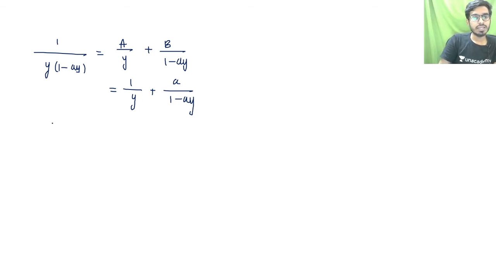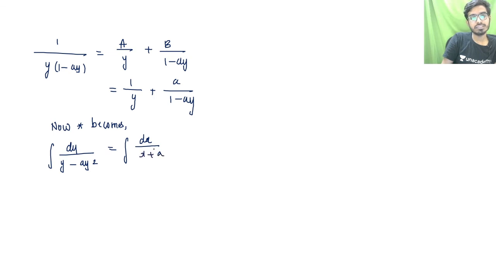So therefore star becomes, so what is star? So star is integral dy divided by y minus ay square is equal to integral dx divided by x plus a.